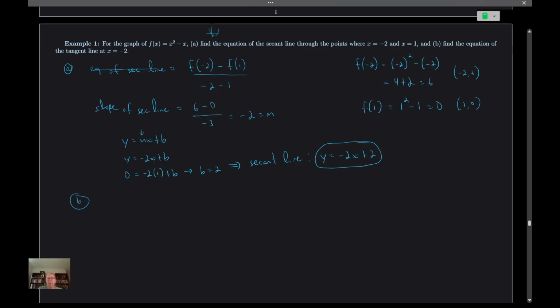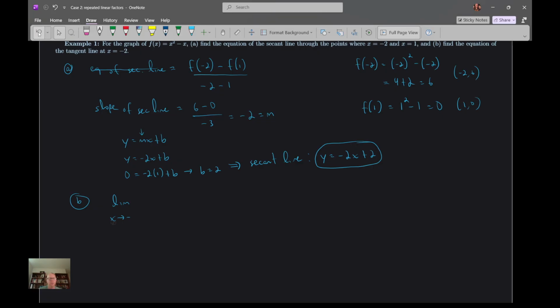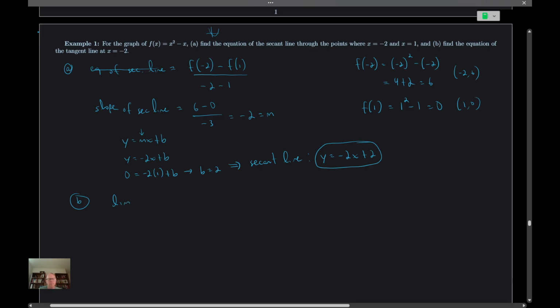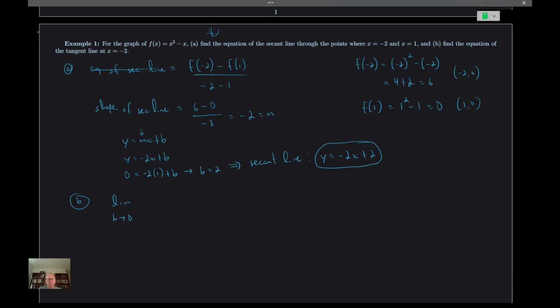Let's look at part B, find the tangent line at x equals -2. So now we need to take the limit as h approaches 0, since that was, I think, the formula that we had at the beginning: f of -2 plus h minus f of -2 over h, and we're going to take the limit as h goes to 0.